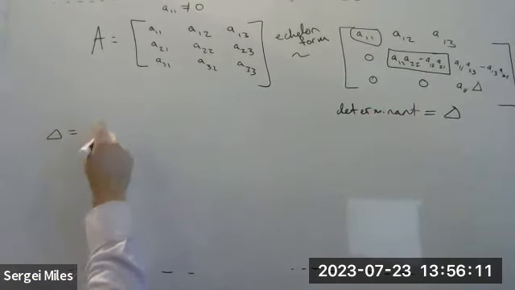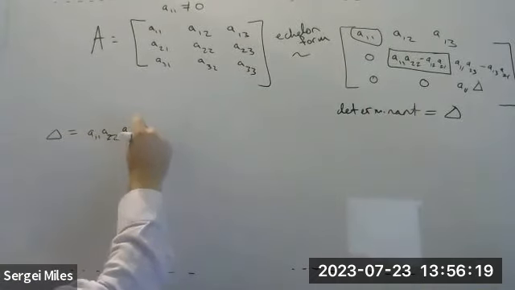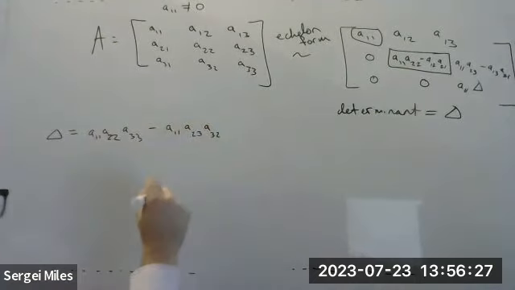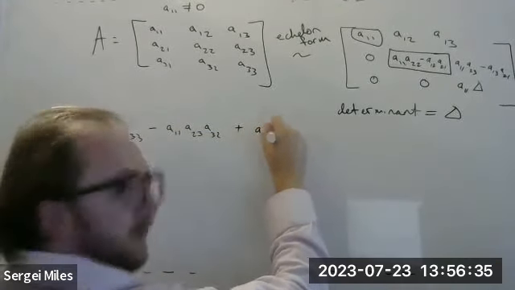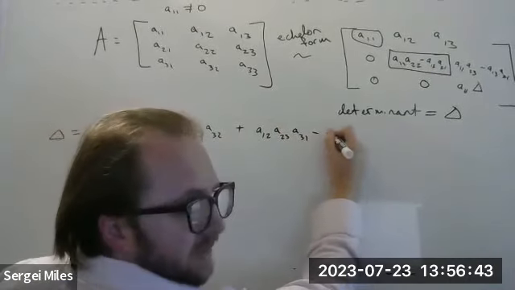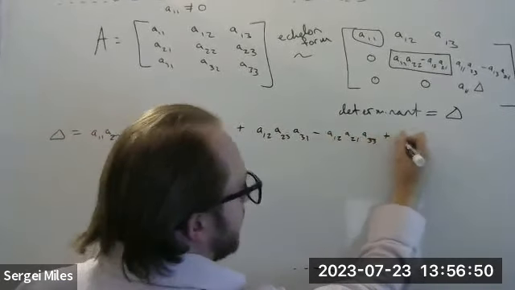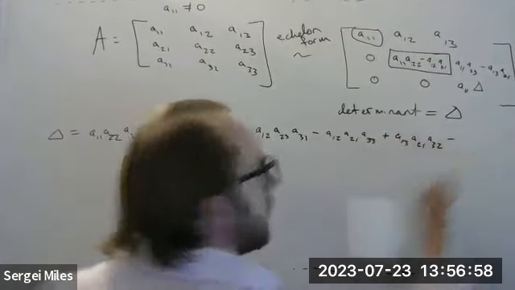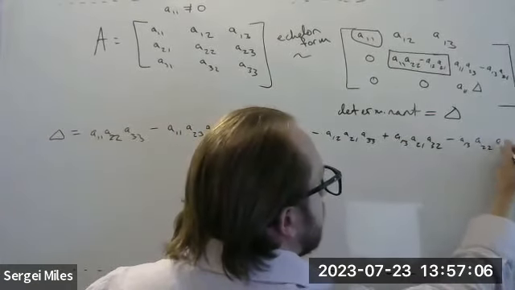You're going to find that the determinant equals A11 A22 A33, minus A11 A23 A32, plus A12 A23 A31, minus A12 A21 A33, plus A13 A21 A32, minus A13 A22 A31.